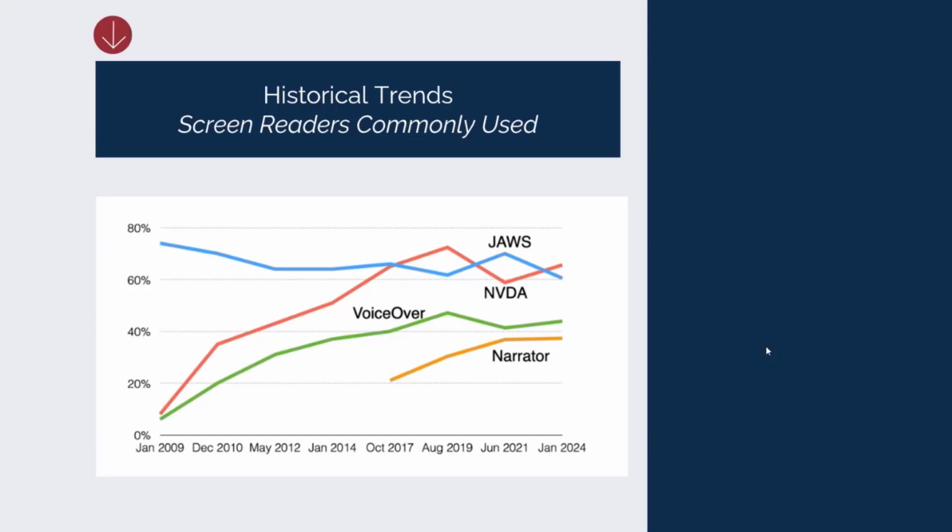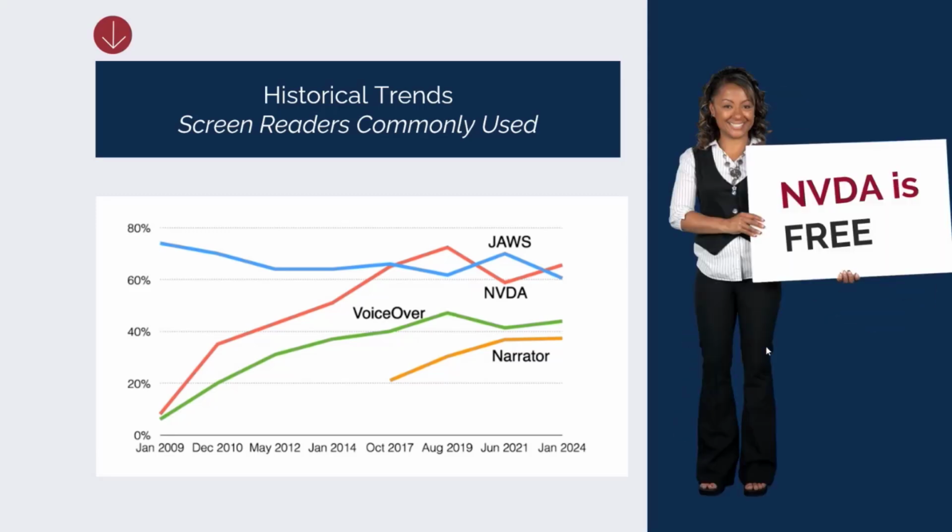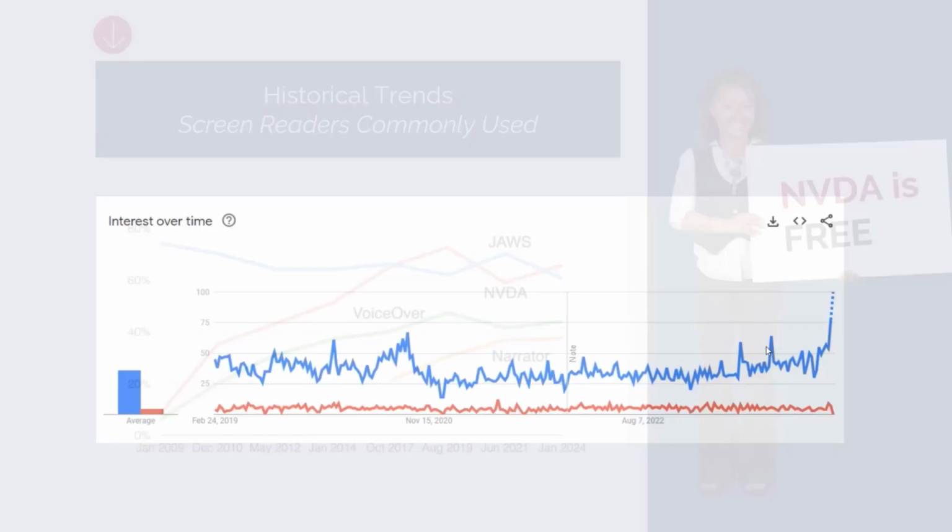And when we consider that, we'll see that still NVDA and JAWS are near parity in January 2024. And it's still true that the overall trend is NVDA is eating up market share from JAWS, and VoiceOver is an important competitor. Why is this? It's because NVDA is free. It's hard to argue with that.